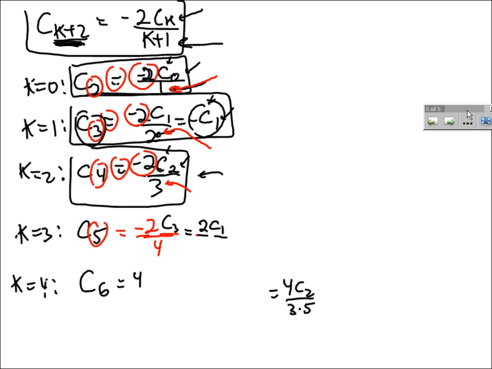I get 4C2 over 3 times 5. And I want to check the last one. I have -2/4 times C sub 3, which is -C1. So this should be over 4.